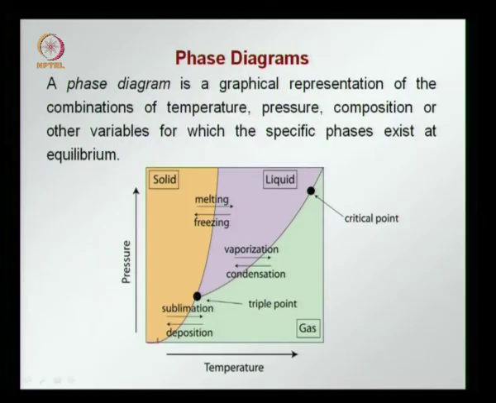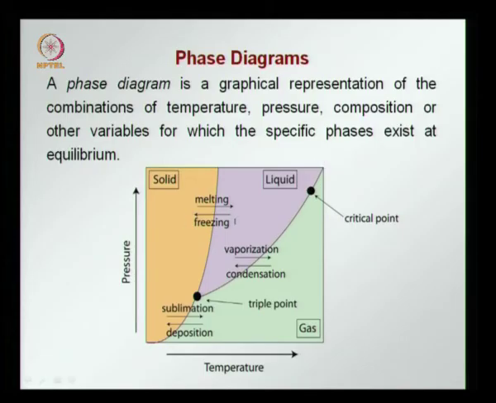Here we can have the coexistence of the solid and gaseous phase. Here we have along this line the coexistence of the liquid and gaseous phase. This point, which is called the critical point, is up to where there is a clear definition of the different phases. Beyond this there is no clear definition of the amount of liquid and amount of gaseous phase that can coexist.